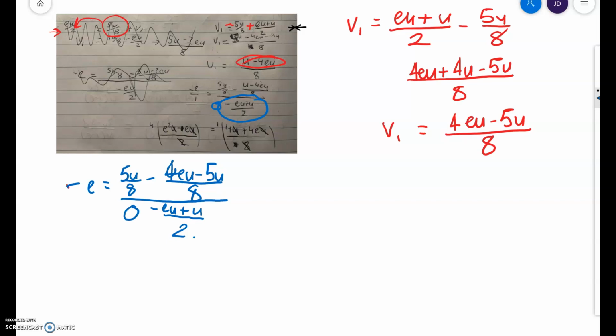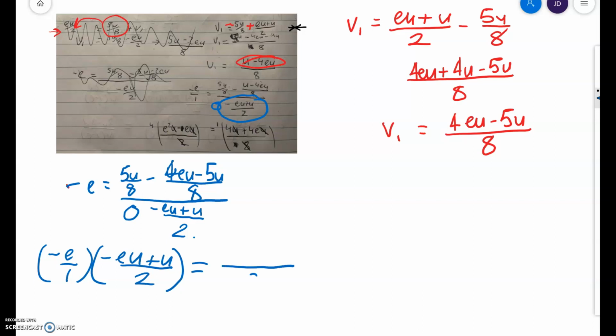So what happens is you bring that up here and multiply. So you get minus E over 1 times minus EU. Now that minus is multiplied by both of those, so just be careful. You can leave your u there, plus, all over 2 equals, common denominator there, all over 8.